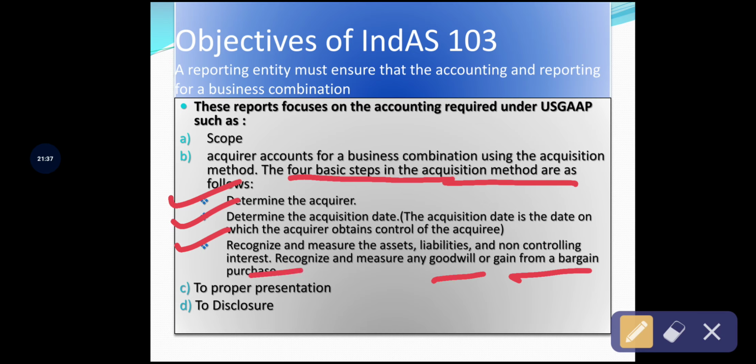That means when the business organization enters into a business combination through mergers and acquisitions, that is, by purchasing assets and liabilities from another company, that must be represented. That is the major objective in reporting the financial statements.